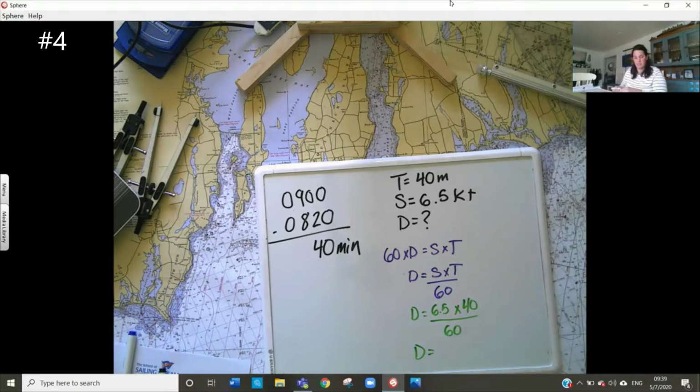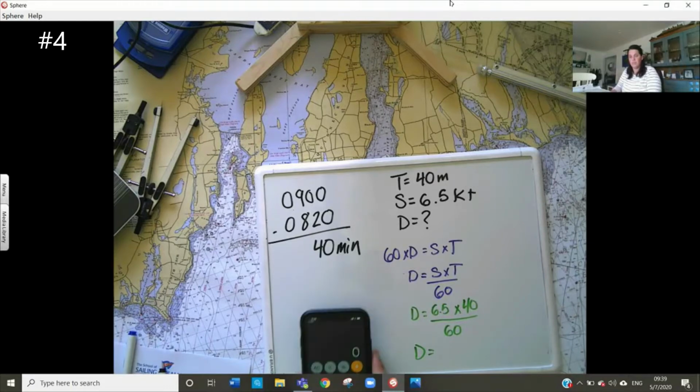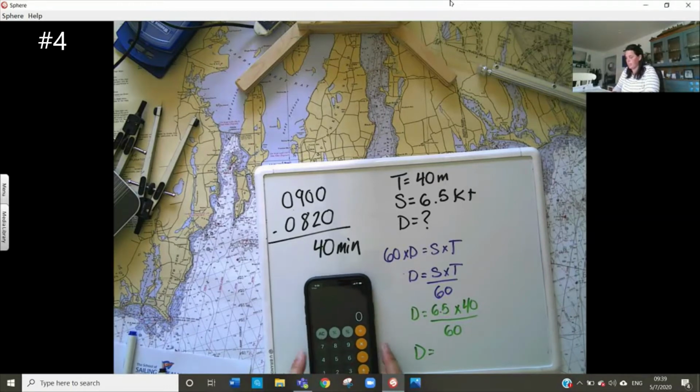What does distance equal? I could bring out my calculator here, and I can say 6.5 times 40 divided by 60 gives me 4.3 nautical miles.